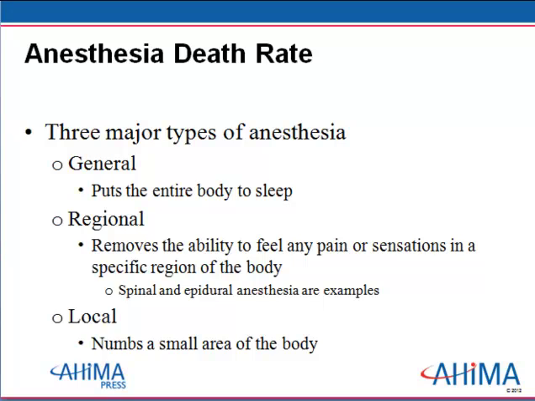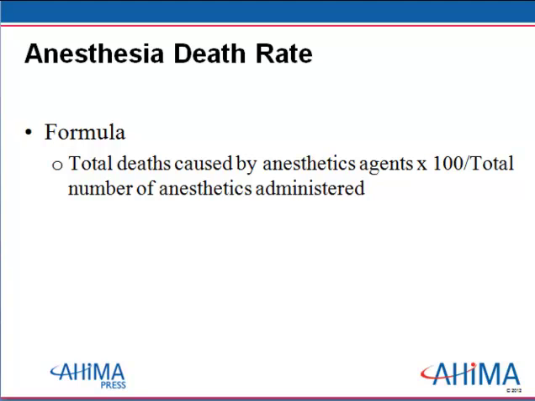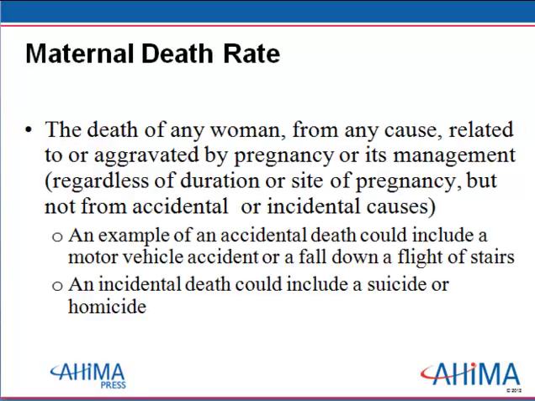Local is just when an area of the body has been numbed. The formula for calculating anesthesia death rate is total number of deaths caused by anesthetics times 100 divided by the total number of anesthetics administered.